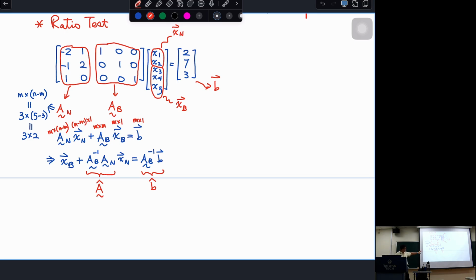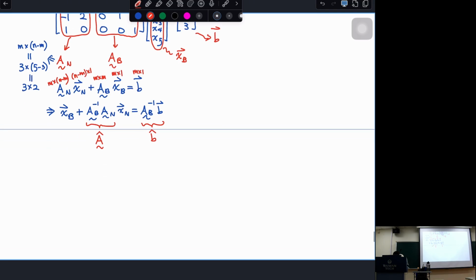And when we rewrite the whole thing in this form, AB inverse is m by m, AN is m by n minus m. So at the end, this will be m by n minus m.